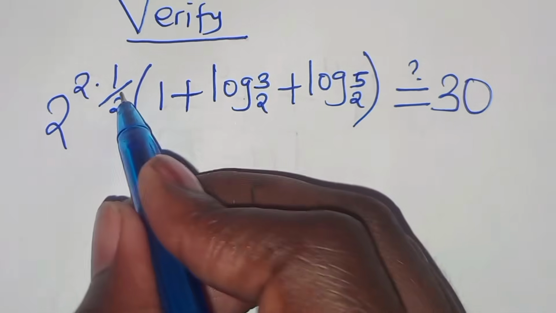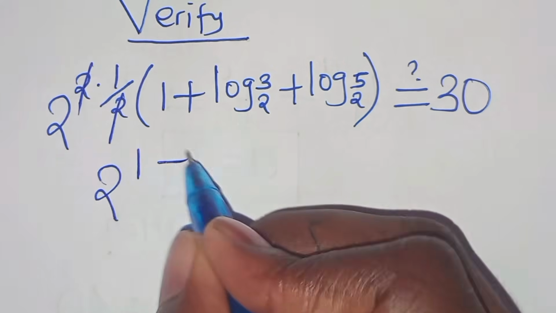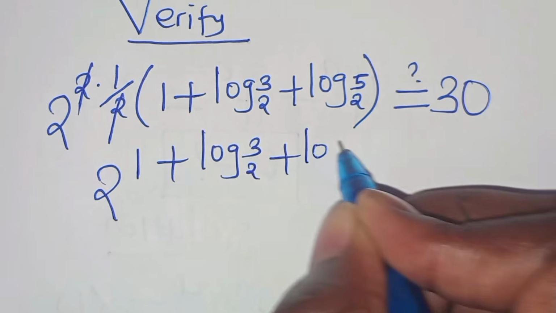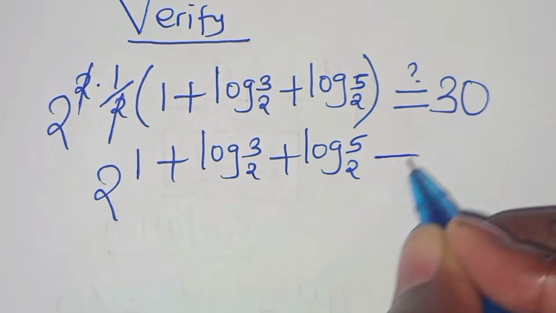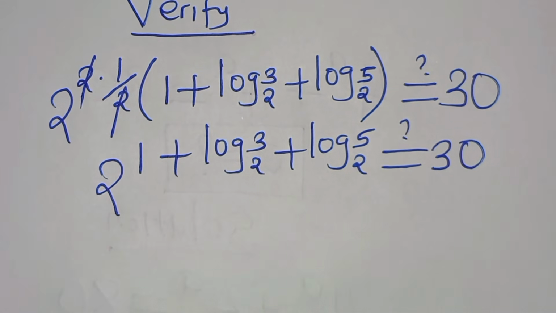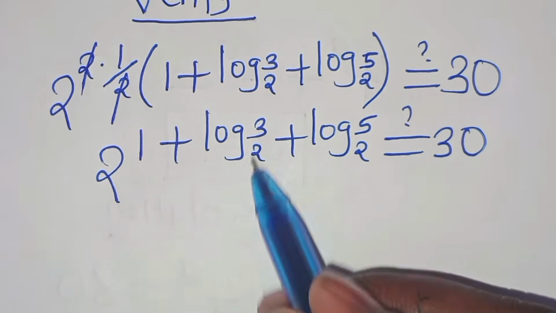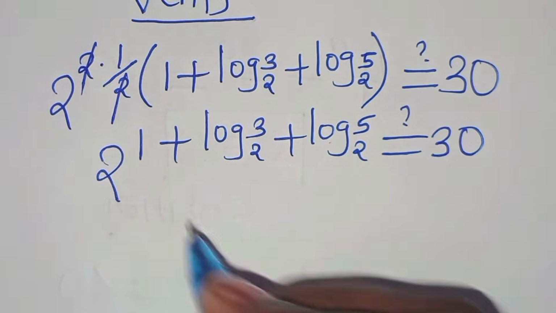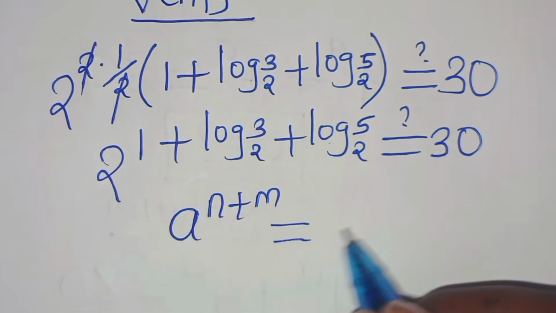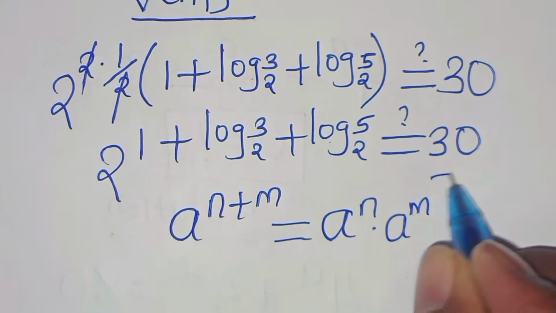Now the next step is to simplify here. The 2 and 2 simplify, so that we have 2 to the power of 1 plus log 3 to base 2, plus log 5 to base 2, which is supposed to give us a value of 30. Now 2 to the power of 1 plus log 3 to base 2 plus log 5 to base 2 is in the form of a to the power of n plus m, which can be expressed as a to the power of n times a to the power of m.